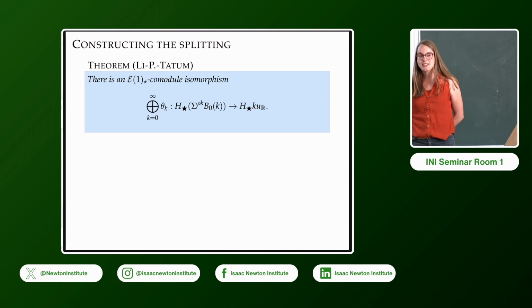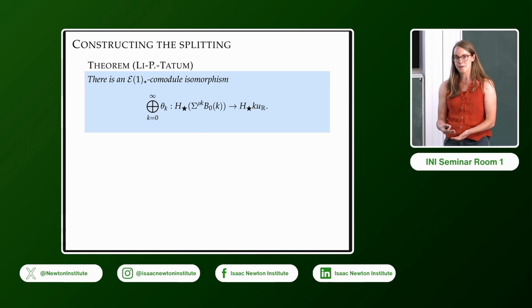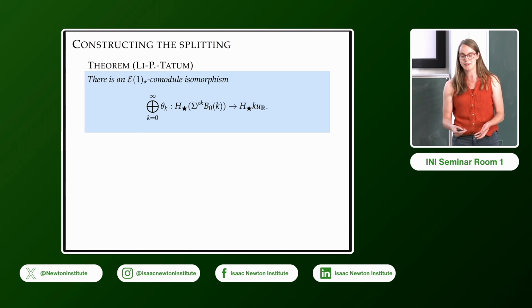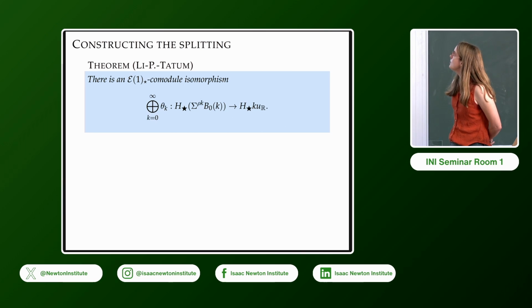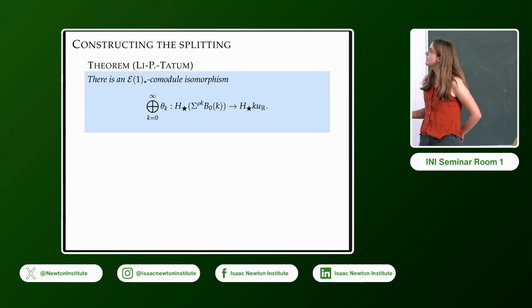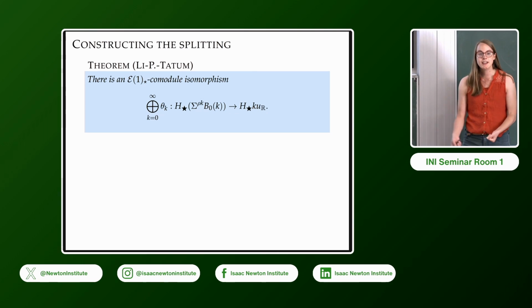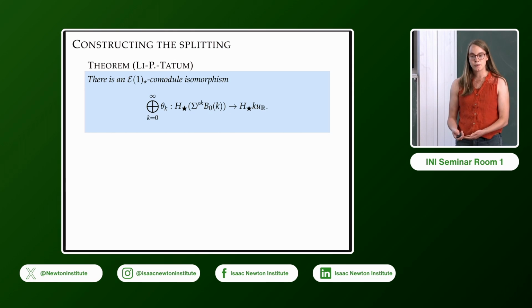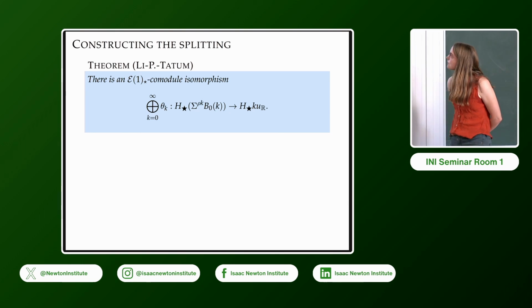So the first step in constructing such a spectrum level splitting is, well, if you want to have something exist on the level of spectra, you should probably be able to observe it in homology first. It's usually much easier to compute. So we started there, and there we observed there is an E(1) comodule isomorphism between the homology of shifted suspensions of the C2 equivariant Brown-Gitler spectra and the homology of KU_R. So KU_R here, this is the equivariant cover of the spectrum representing Atiyah's real K theory.